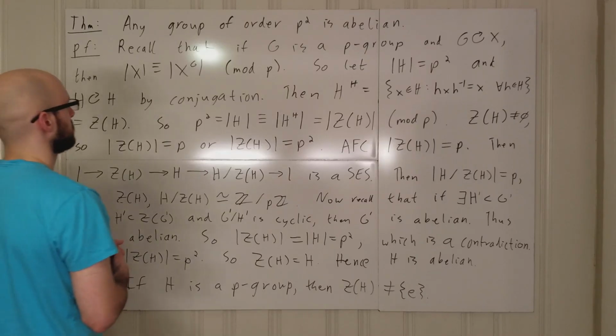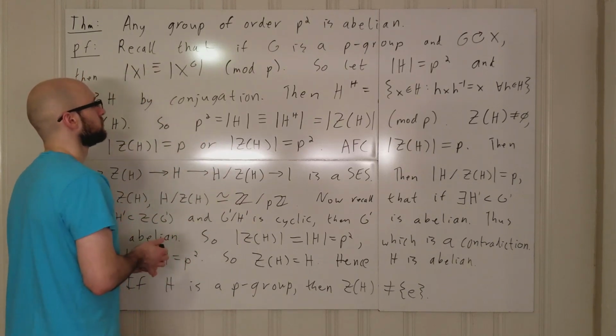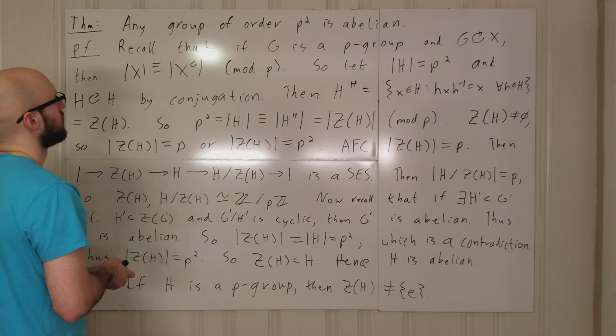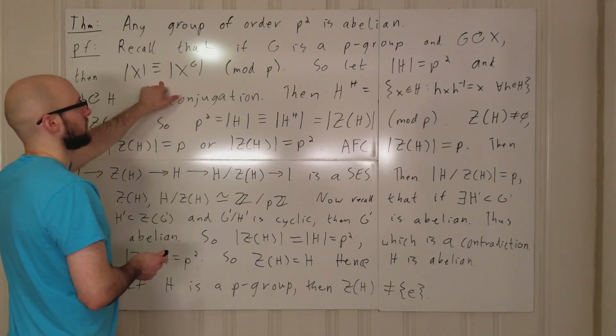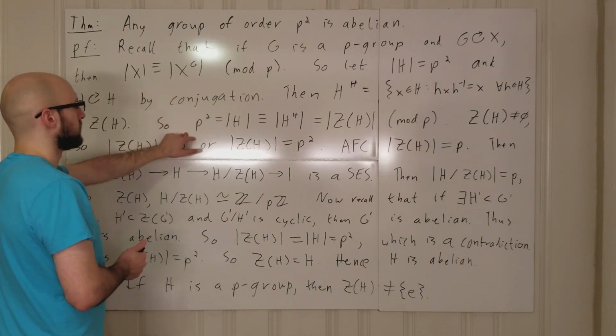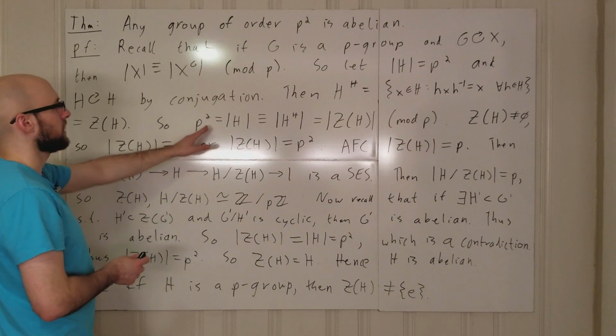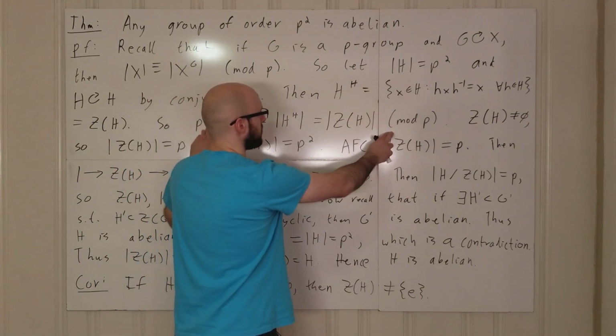Oh wait, so if we look not at the result, but at this proof, then if we have a group of order p to the n instead of p squared, then when we get to this step, we see that p to the n is congruent to the size of the center of H mod p.